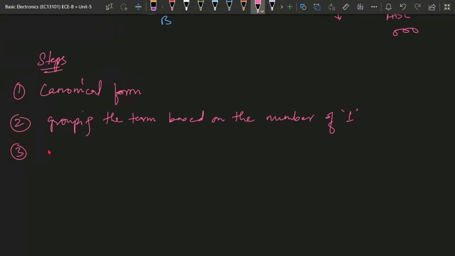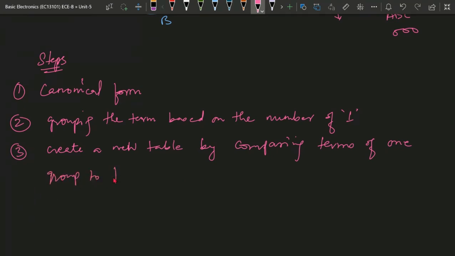So now we need to create a new table by comparing terms of one group to terms of the other group one by one.